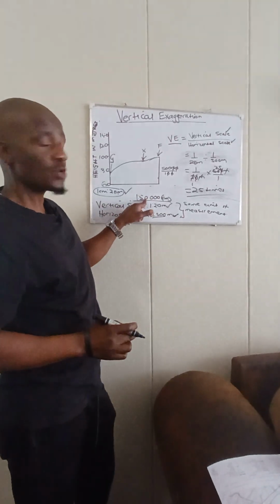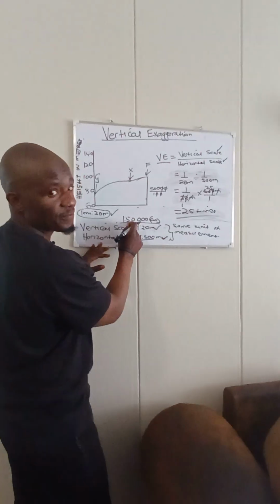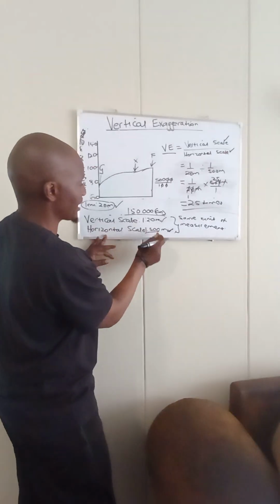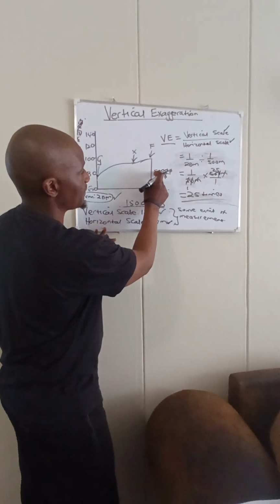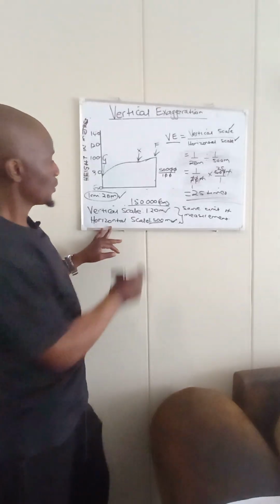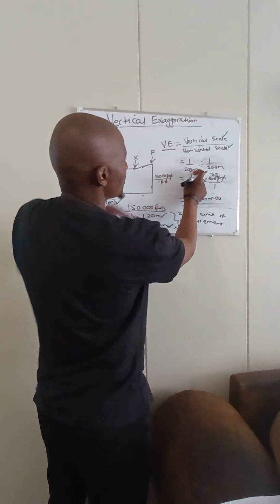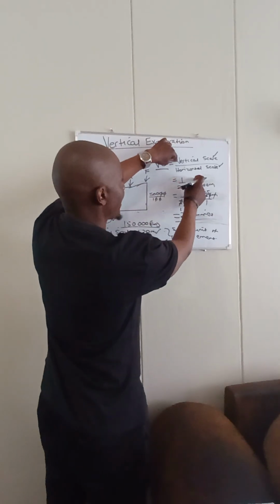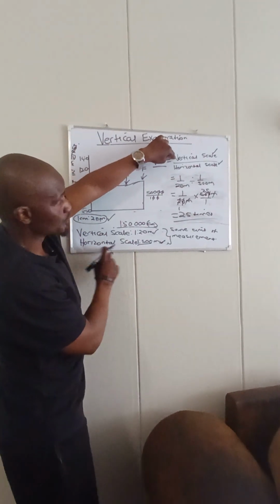In the second example I changed my 50,000 centimeters into meters. That's why I got 500 meters, because I divided 50,000 by 100, since there are 100 centimeters in a meter. So I use my 1 over 20 meters, which is my vertical scale, divided by 1 over 500 meters, which is my horizontal scale.